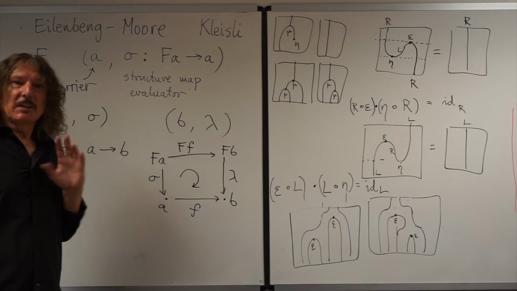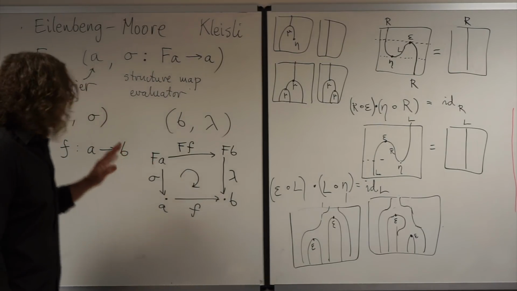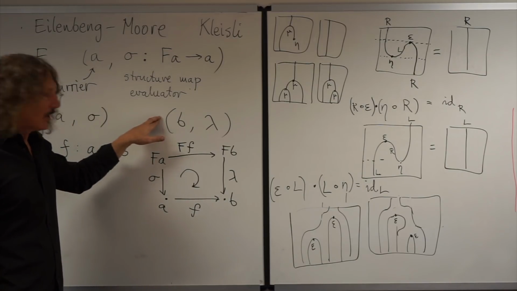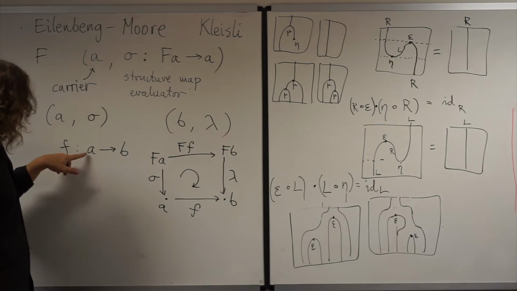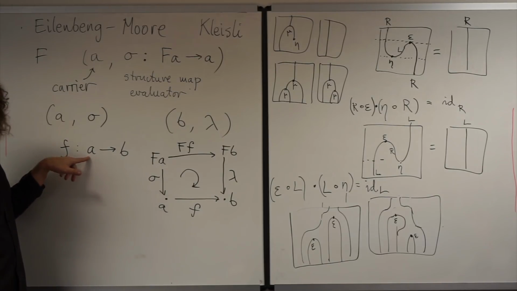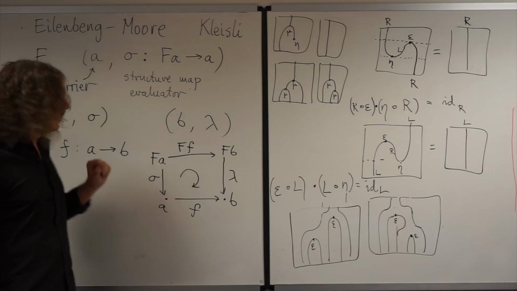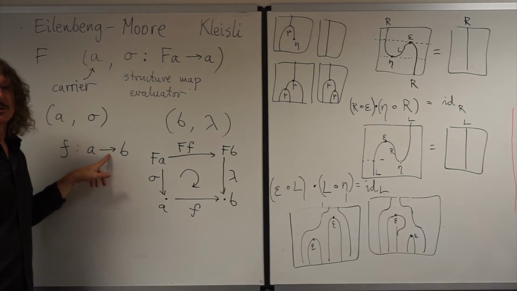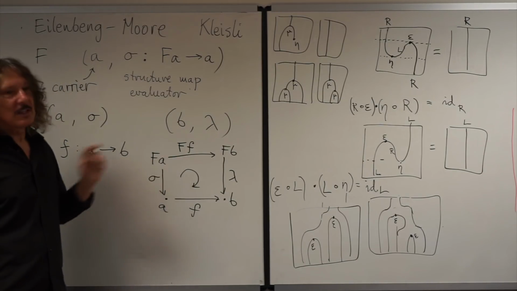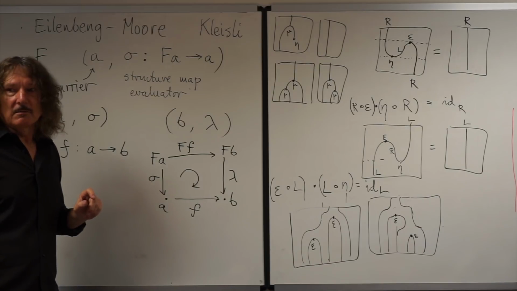So now we can define this category of algebras, right? These are objects, the algebras, and morphisms are these morphisms from the original category C that satisfy this condition. So not every morphism from A to B is good. Only those that satisfy this condition, okay?